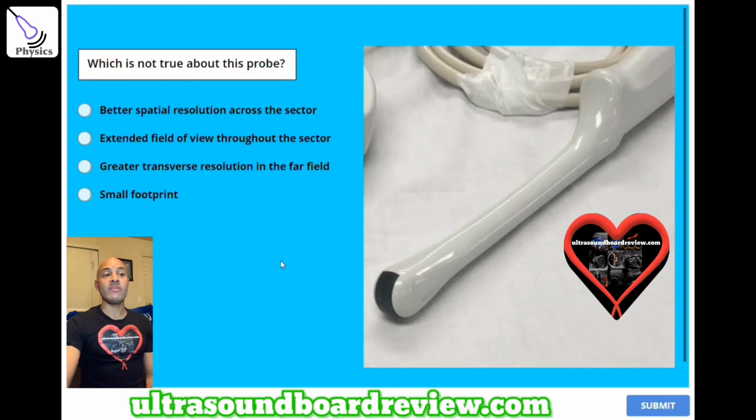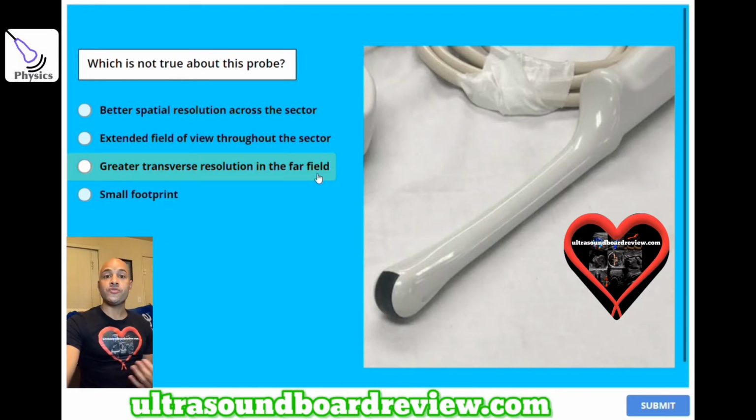This is called an endocavity probe, which has a small footprint here, and this provides better spatial resolution all throughout the sector, as well as an extended field of view, but it does not create greater transverse resolution in the far field. Transverse resolution is also known as lateral resolution.